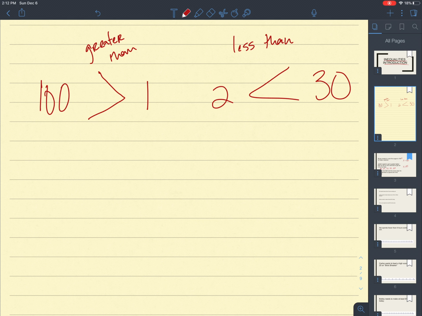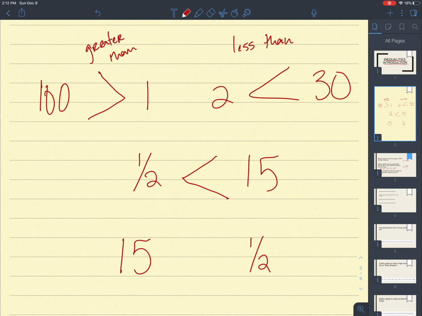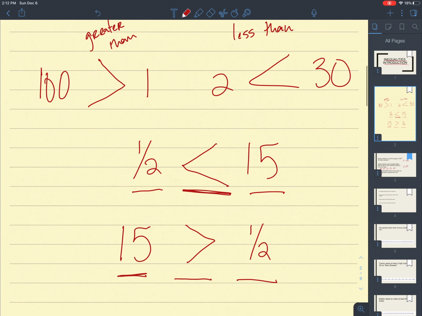So for example, if we had the number 1/2 and 15, we know that 15 is bigger, so the big side is facing the bigger number. And to reverse that, we could write the same inequality backwards, and now we're using the greater than symbol. This reads 1/2 is less than 15, and this reads 15 is greater than 1/2. We're still comparing the same two numbers, but we're looking at it different ways.